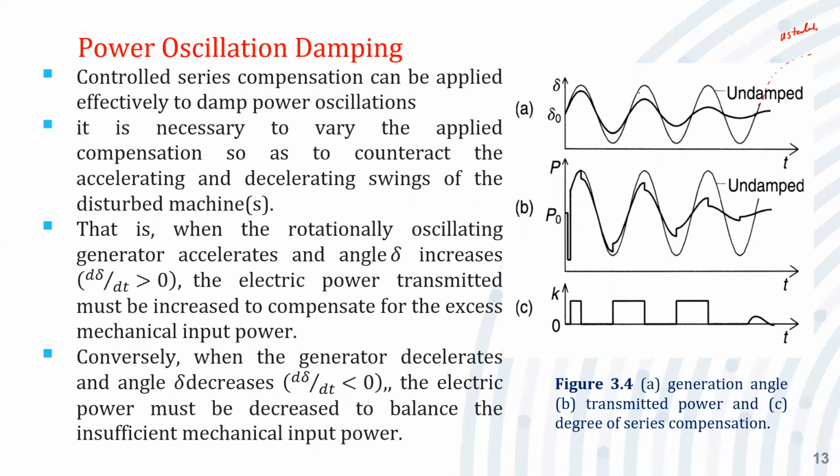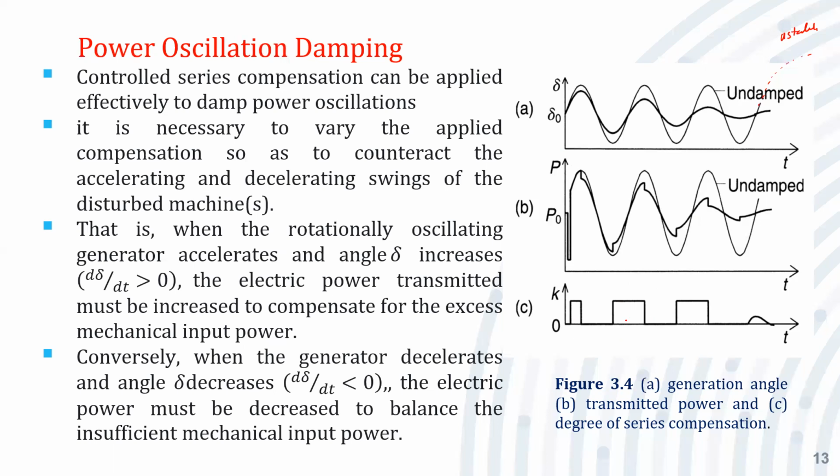Because of this undamped oscillation in the angle, the power oscillates. So it is necessary to mitigate this oscillation. Similar to the shunt compensation, if you pump the reactive power in such a way that it mitigates the oscillation, definitely the oscillation in the power or tie line power can decrease.